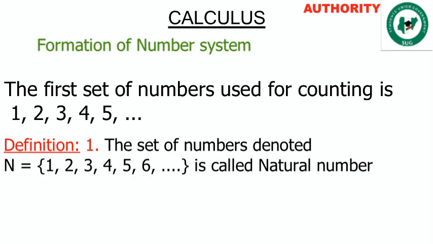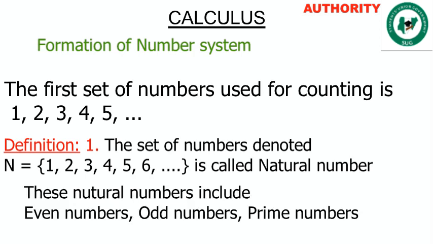You discover that these natural numbers include even numbers. When I talk about even numbers, I hope you understand, right? Even numbers are numbers that are divisible by 2. It also includes odd numbers. Odd numbers are numbers that are not divisible by 2.